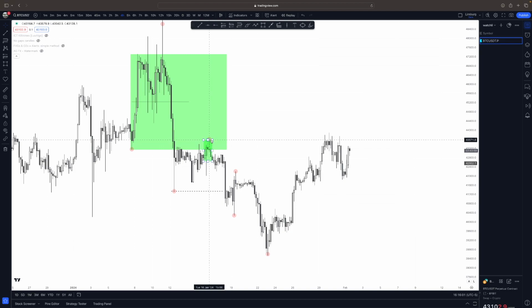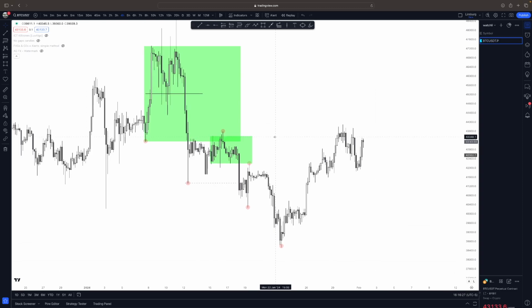If price gained this, this would have been the valid supply zone, but price never gained that area. So we look for this bearish candle towards that last bullish candle right here for our supply zone.